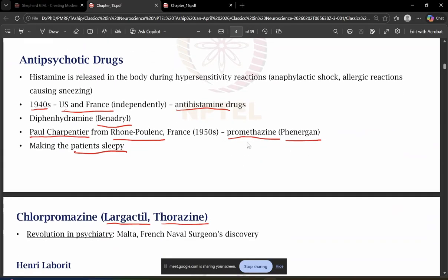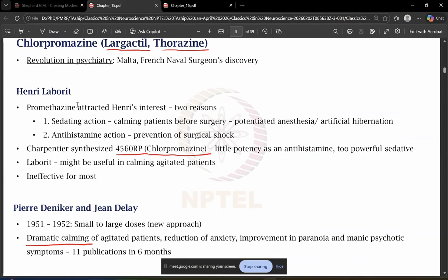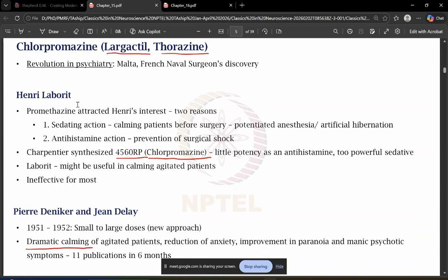It was seen that promethazine, in addition to its antihistamine activity, was also making patients sleepy. So Henry Laborit came to know about this promethazine and the fact that it was making patients sleepy.